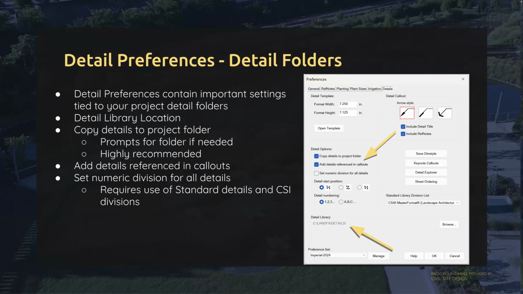So getting back into the detail options, we have three important options within your detail preferences: copy details to project folders, add details referenced in callouts, and set numeric divisions for all details. The first two settings we recommend for just about everyone, but especially those working in firms with small to large size teams.